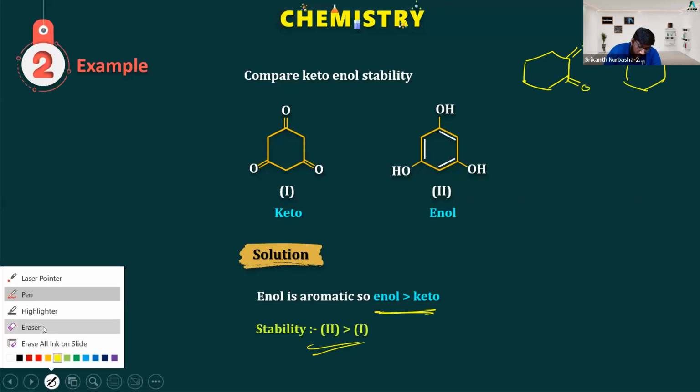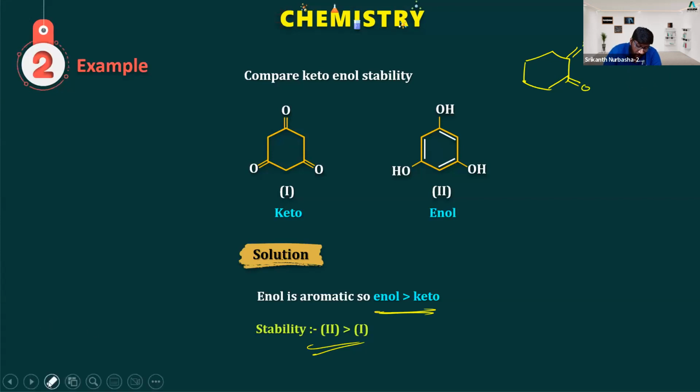For the compound given to you, is the enol form more stable or the keto form more stable? For this compound, enol or keto is more stable. For this compound, keto form or enol form is more stable.